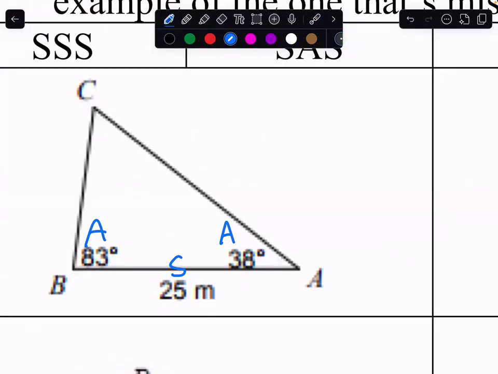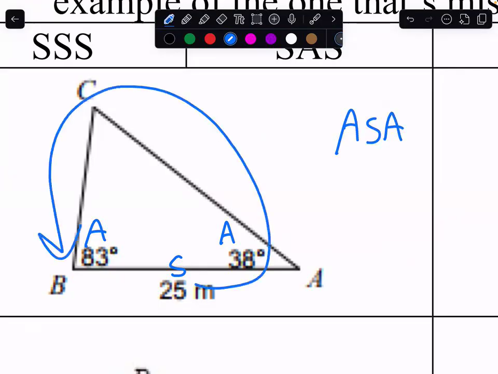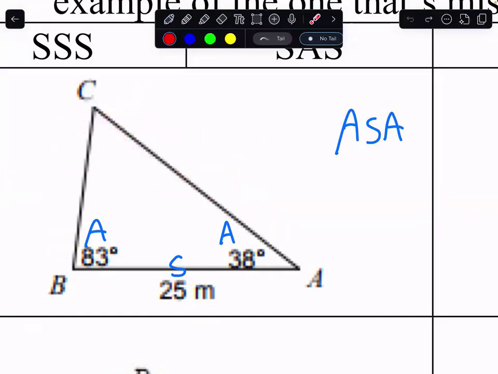You can't go through empty space. So in order, you have an angle, a side, and an angle. So this is ASA. You cannot say, well, can't I do S, then A this way? You're not allowed to go through this big empty space. Okay, so again, this represents ASA. You're given an angle, a side, and then another angle.